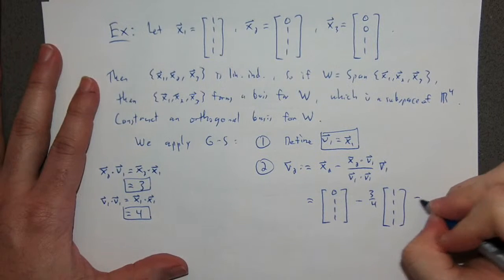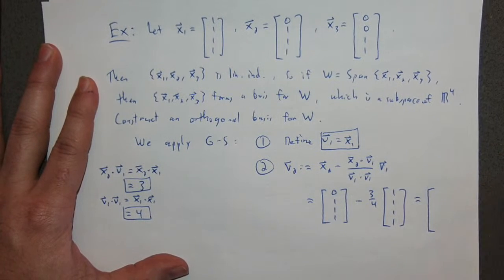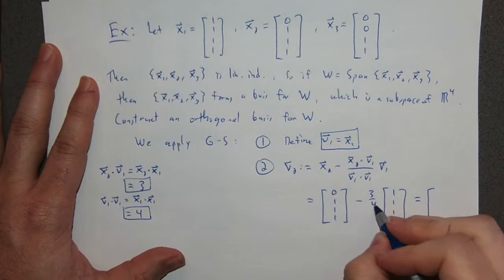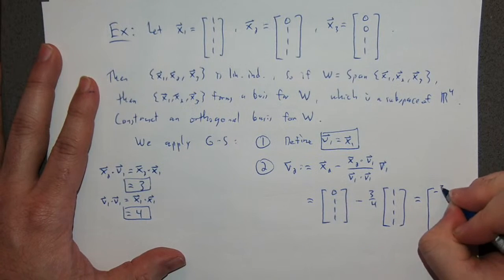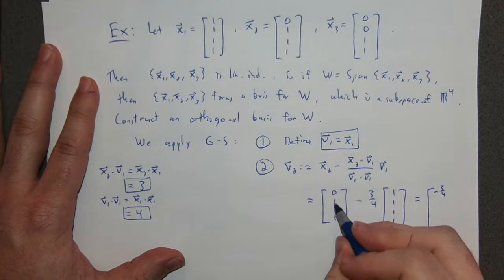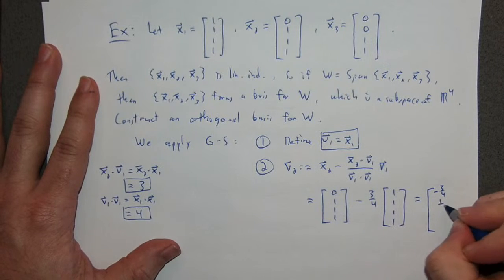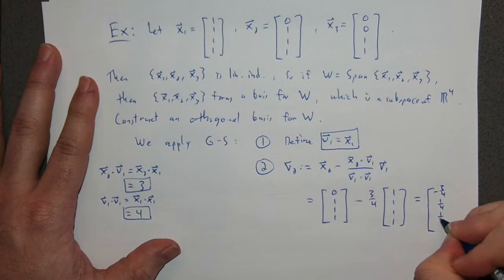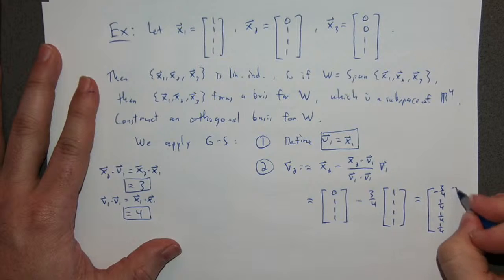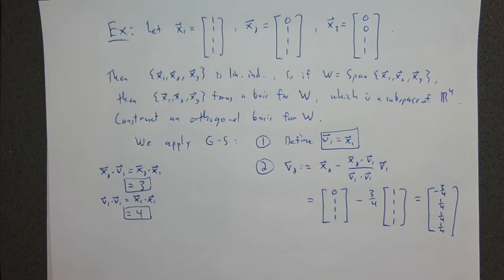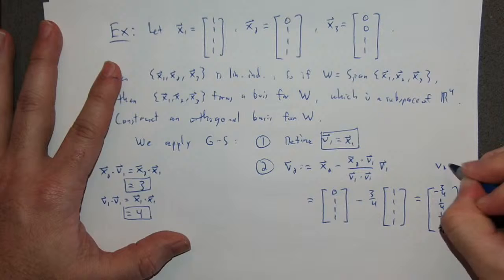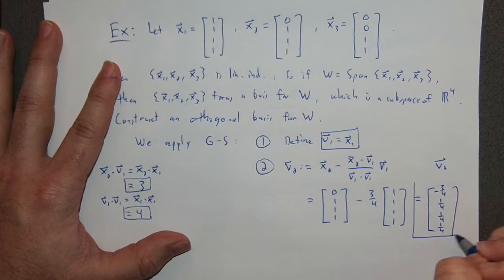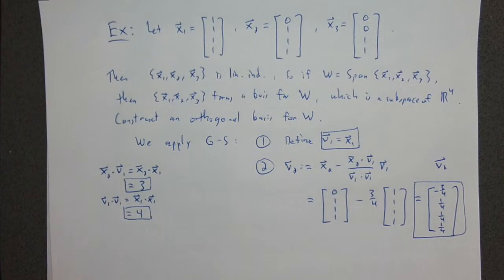And so what is this vector? Well, this is 0 minus 3/4 times 1, so that's minus 3/4. This is 1 minus 3/4, so that's 1/4. This is 1 minus 3/4, so that's also 1/4. This is 1 minus 3/4, so that's again 1/4. Okay, so there's my v2, right there.